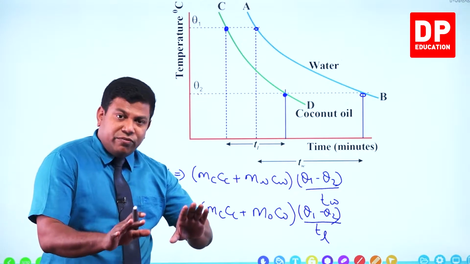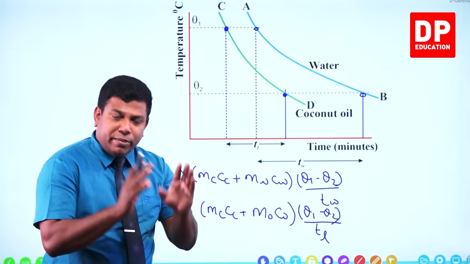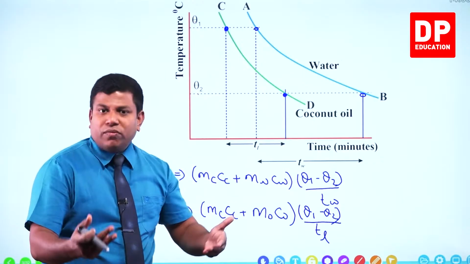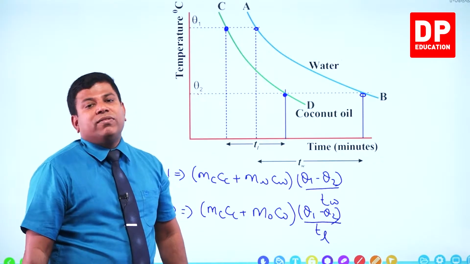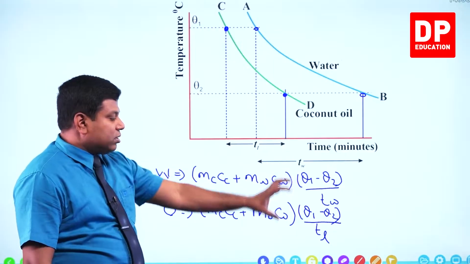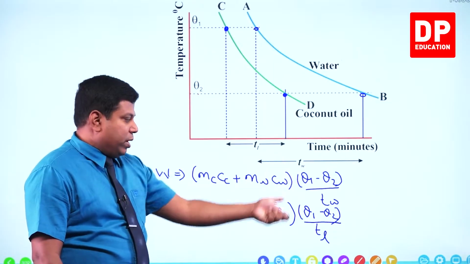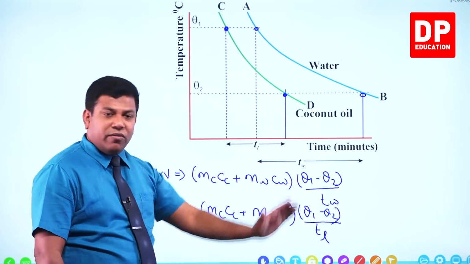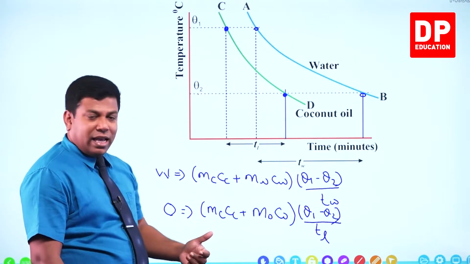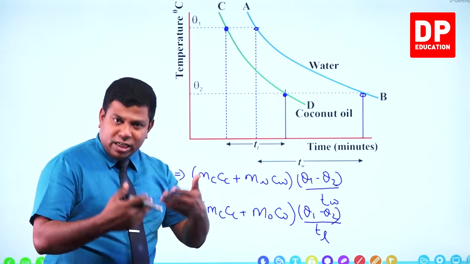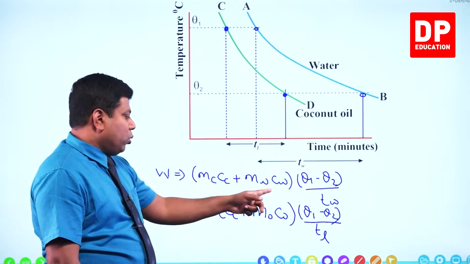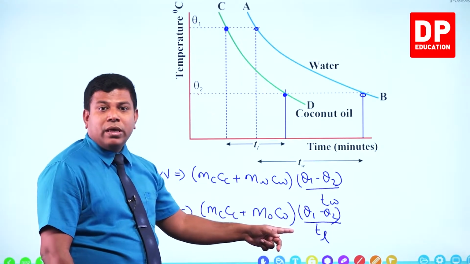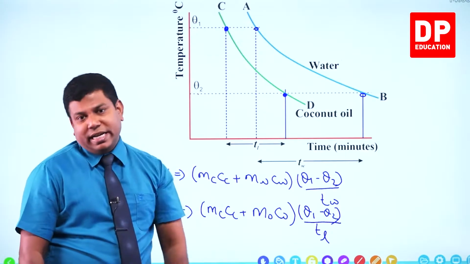Now you can say if you maintain the same conditions, same calorimeter, same amount of oil, if you maintain all of that same, then the heat loss rates have to be equal. Equate these two. Theta 1, theta 2, Tw, T oil you are getting from this graph. Mw, Mc we can measure from the experiment. Only thing that you don't know will be Co. Co that we can find.